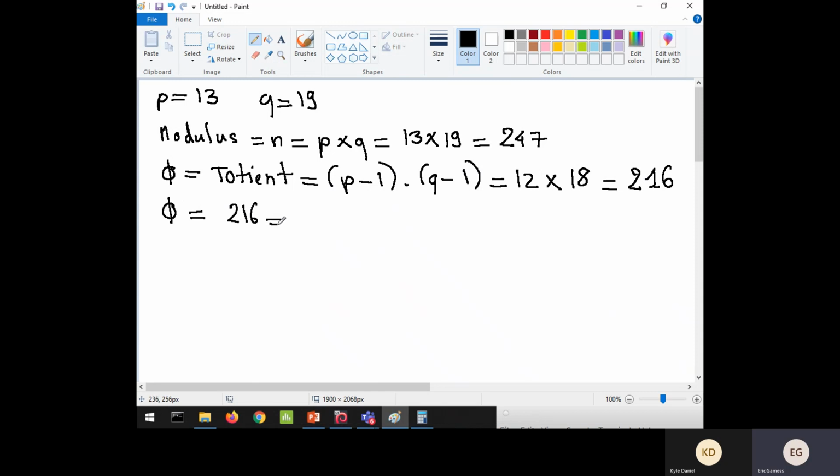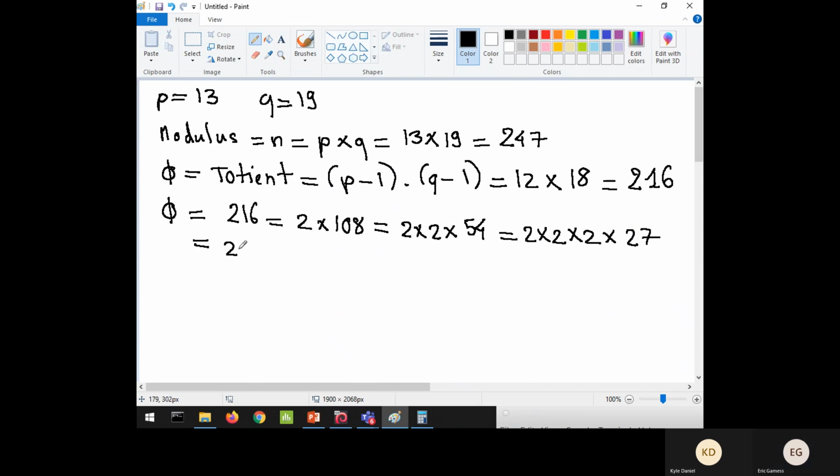216 is equal to what? 2 times 108, isn't it? So it's 2 times 2 times 54, isn't it? It's 2 times 2 times 2 times 27. So, well, let me put 2 to the 3.